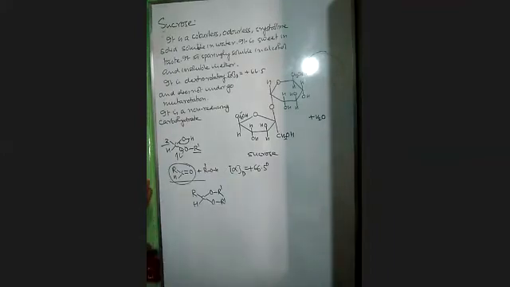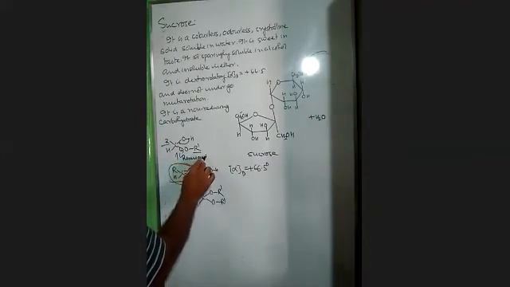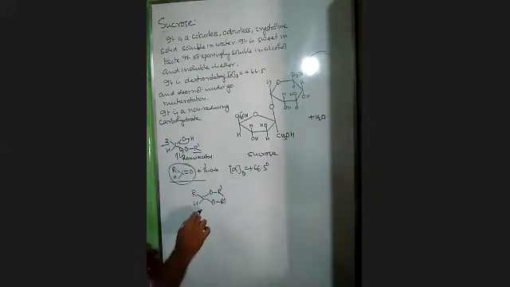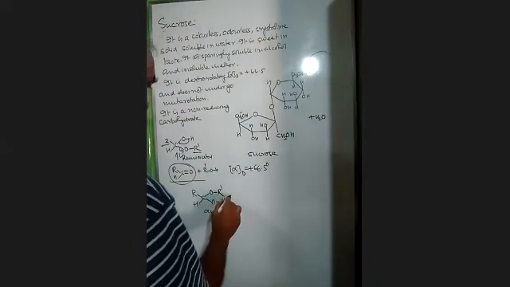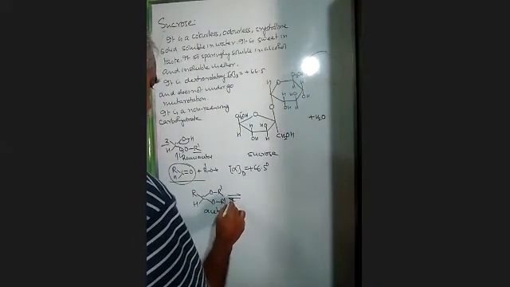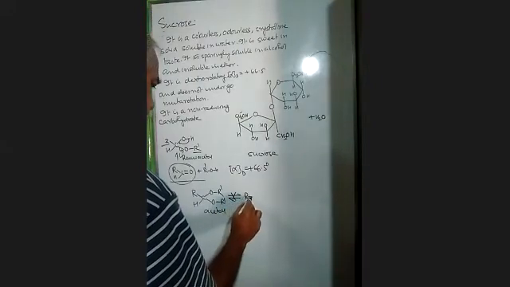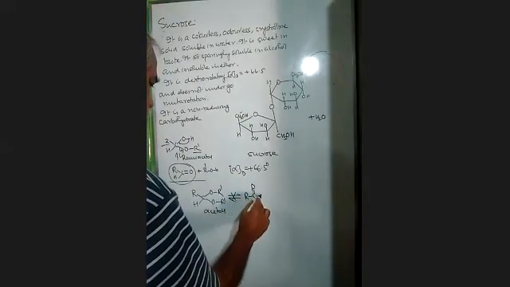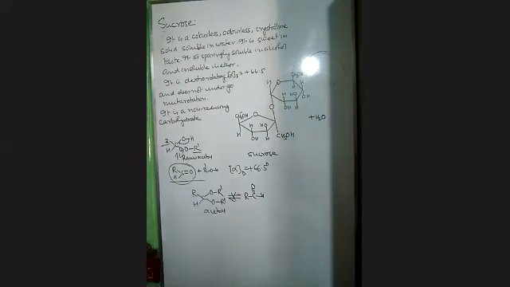So the earlier one is hemiacetal, and this is acetal. This will never give you aldehyde. Because we know aldehyde is going to reduce Tollens' reagent, but it does not form.